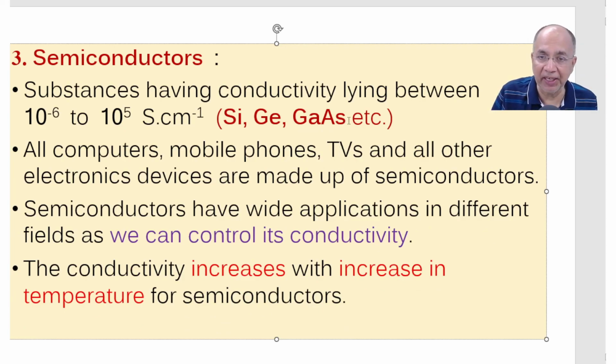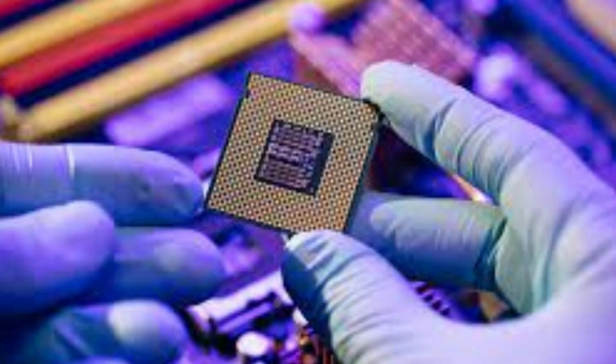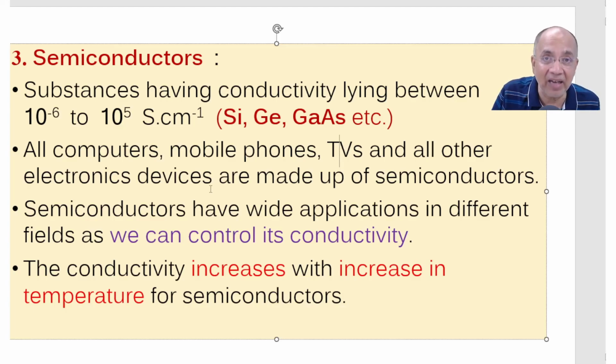We'll talk about that later. All computers, mobile phones, TVs, and the host of electronic devices are made up of these semiconductors, either silicon chips, which are easily and abundantly available, or nowadays gallium arsenide, a binary semiconductor.